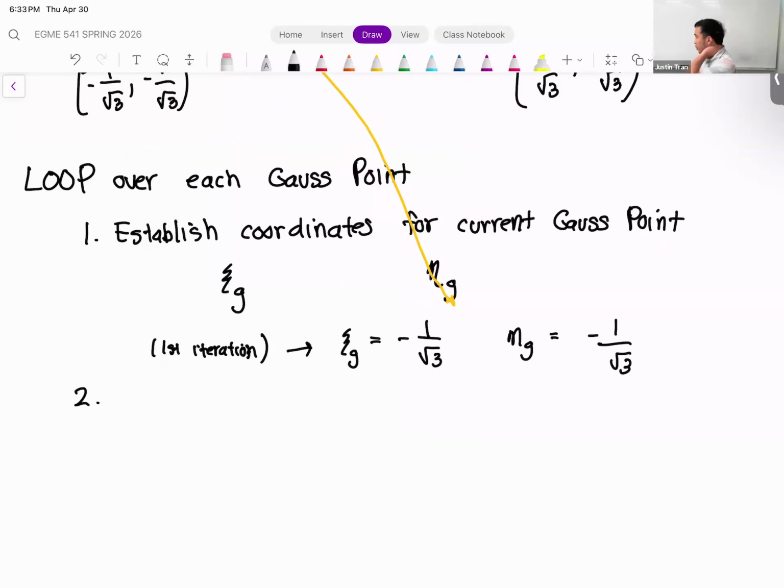Okay. Step 2. Step 2 is we're going to compute the values of the shape functions at these Gauss points.